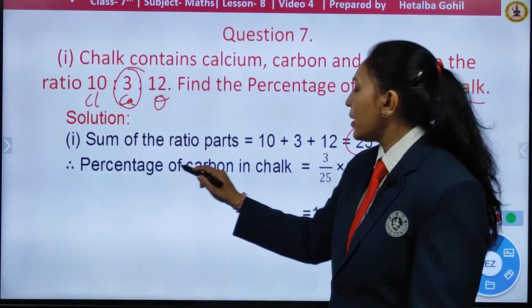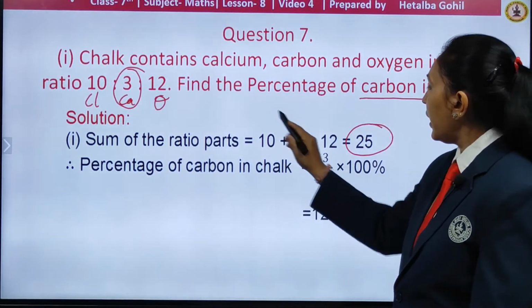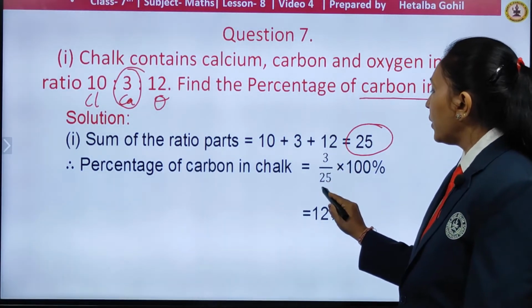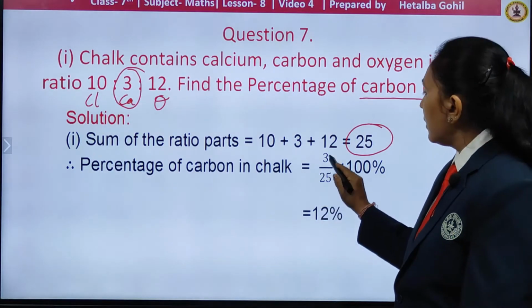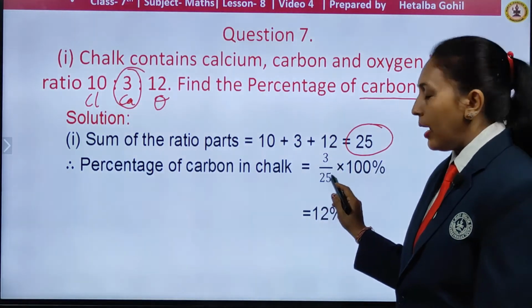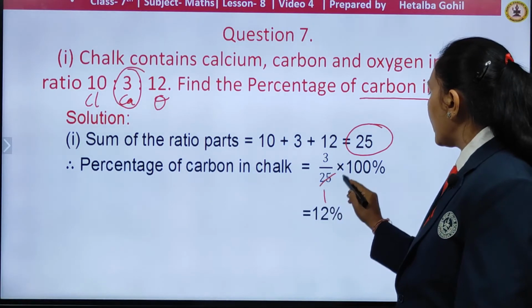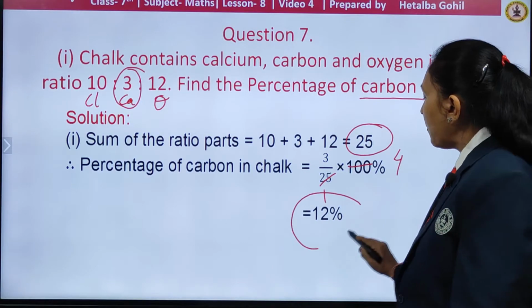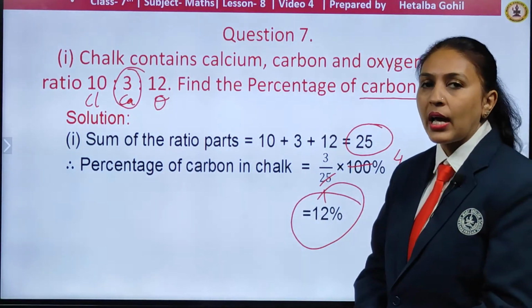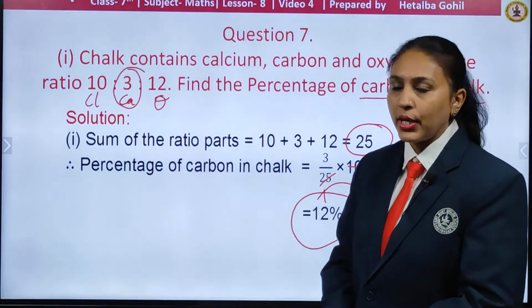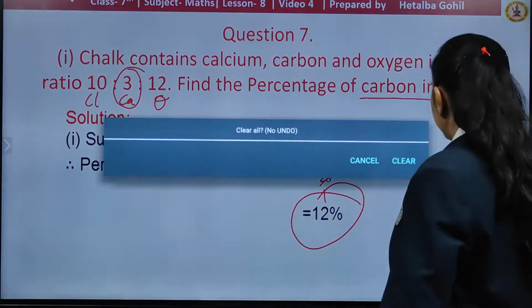Now, percentage of carbon in chalk. So 3, that is the ratio part of the carbon, upon the total, that is 25. 3 upon 25 into 100, percentage we always find on 100. So 25 ones are 25, 25 fours are 100. 3 into 4, 12% of carbon is present in the chalk according to the given ratio.